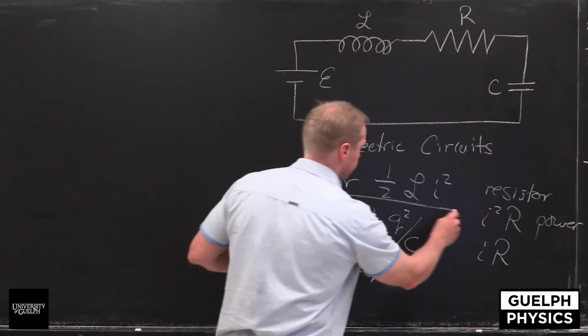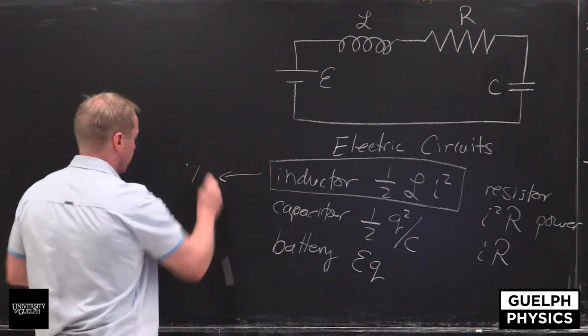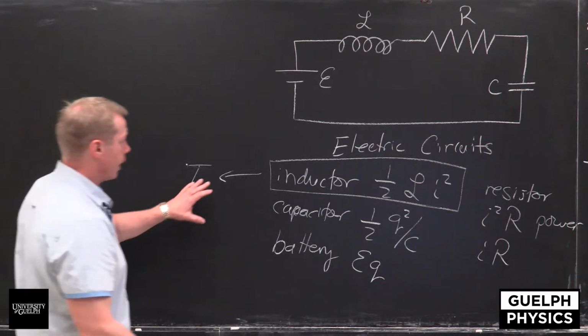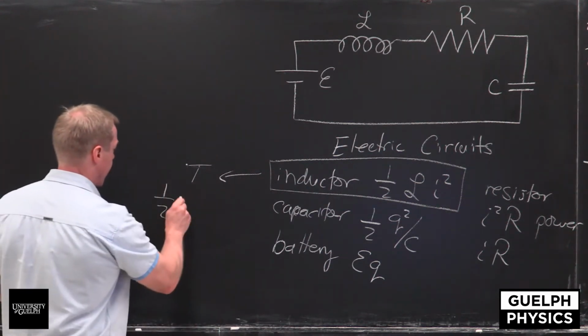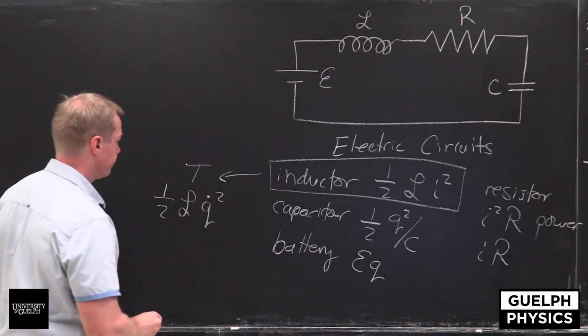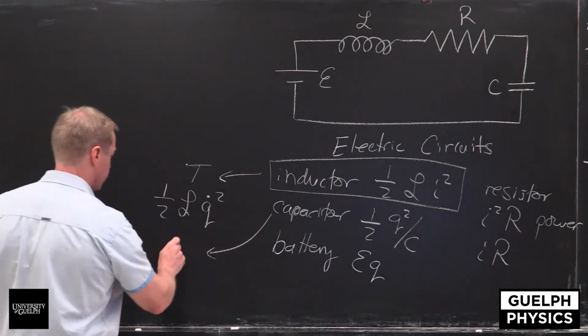So this inductor, it looks like a kinetic energy term. So I'm going to rewrite this as a 1/2 L Q dot squared. The capacitor looks like a potential.